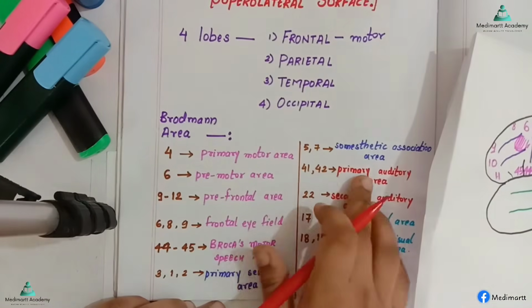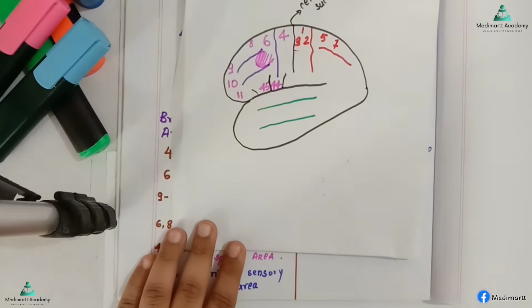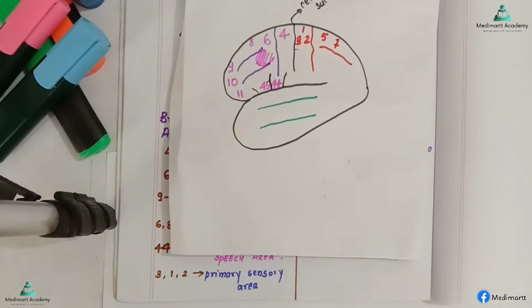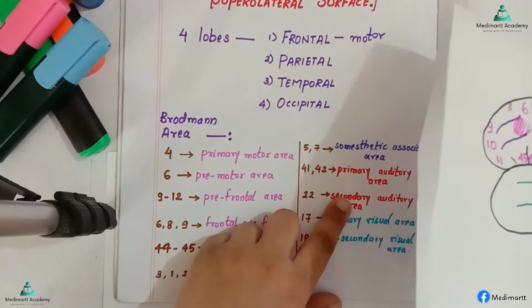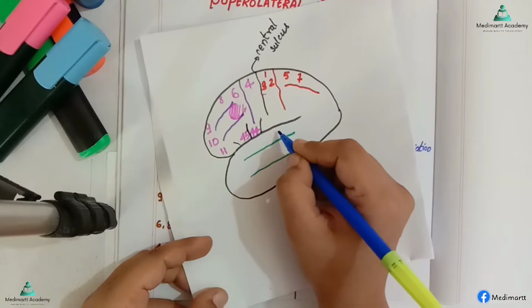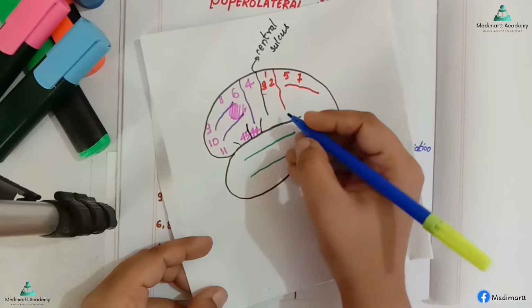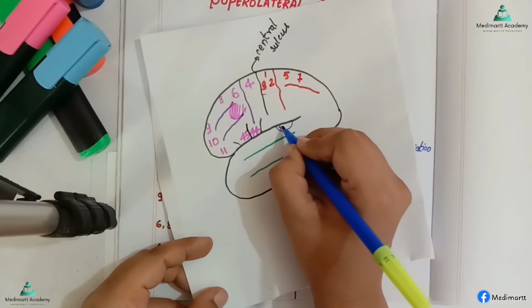Then we will see the auditory areas, primary and secondary. The primary auditory area is the area number, as we know, 41 and 42, right? It will be present in the superior temporal gyrus just below the posterior ramus of the lateral sulcus, it will be present here. I'm just writing very small.